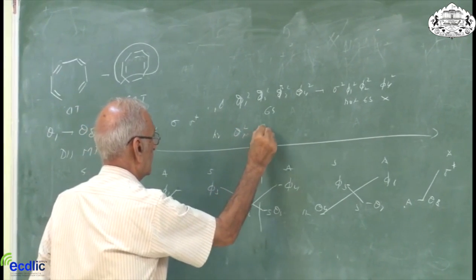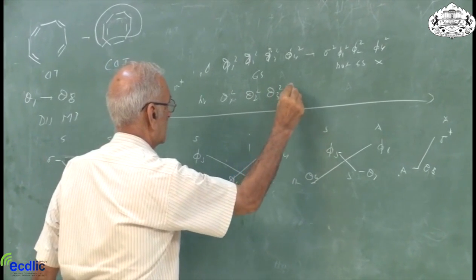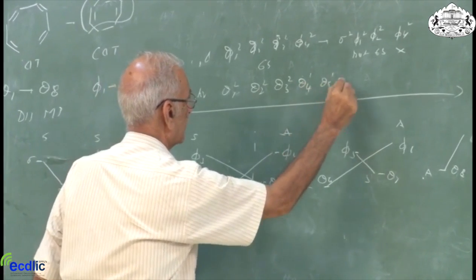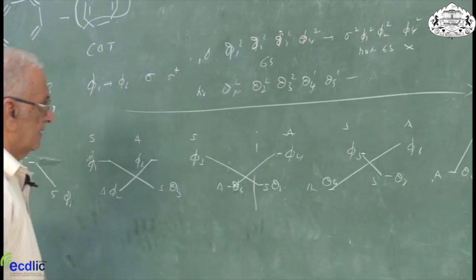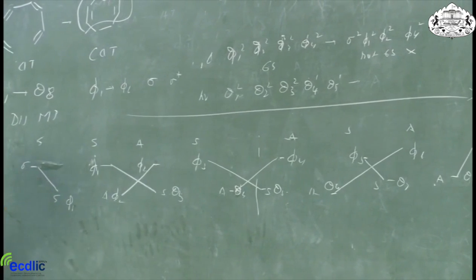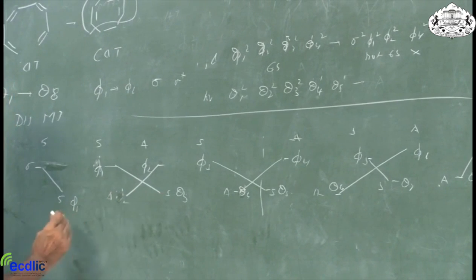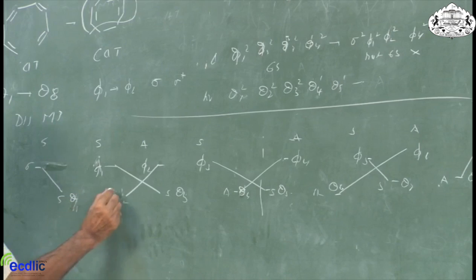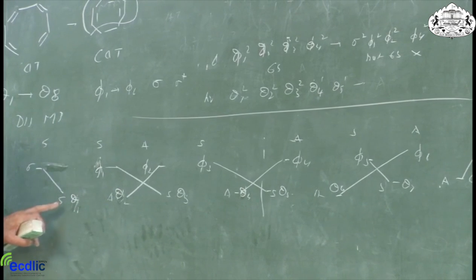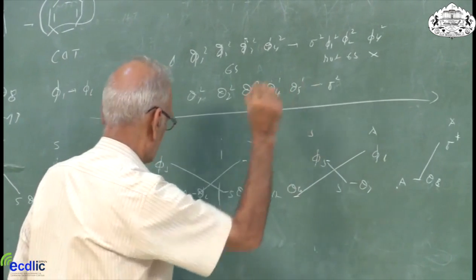Theta 1 2, theta 2 2, theta 3 2, theta 4 1, theta 5 1. Okay. So, theta 1 2 will go into sigma.